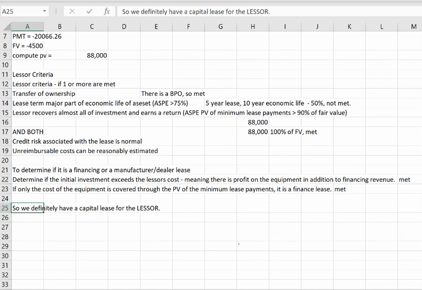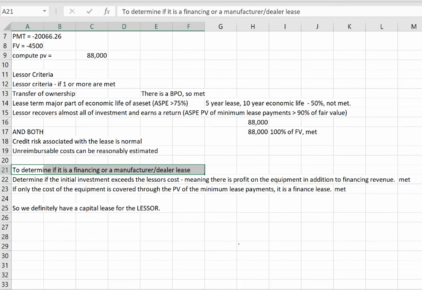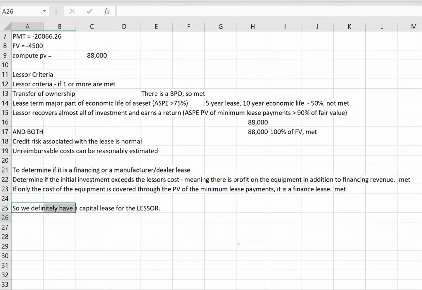So now we need to figure out if this is a manufacturer, dealer lease, or a financing lease. The way that we figure that out is we figure out if the initial investment by the lessor in the equipment exceeds the present value of the minimum lease payments.